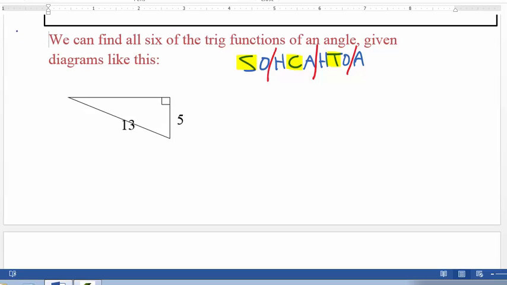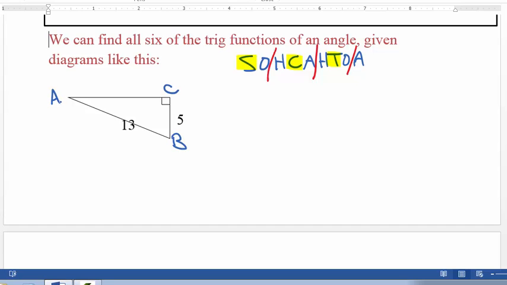Okay, so the first thing here is I give you a right triangle that has 2 sides given to you, and I say we can find all 6 of the trig functions of an angle given diagrams like this. Well, first off, it's not even labeled, right? So I'm going to go ahead and label it. I'll call this A, this B, and this C, because that was my typical diagram.